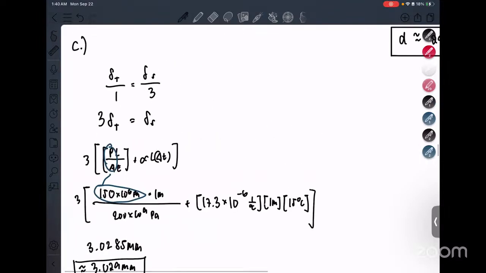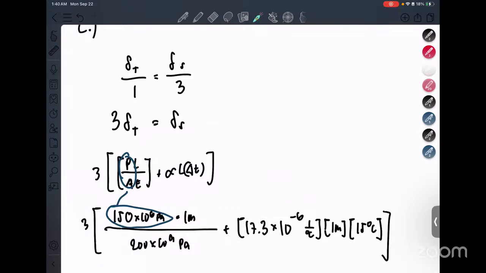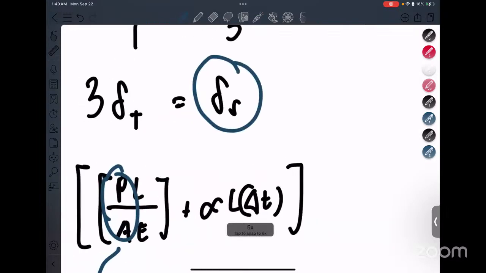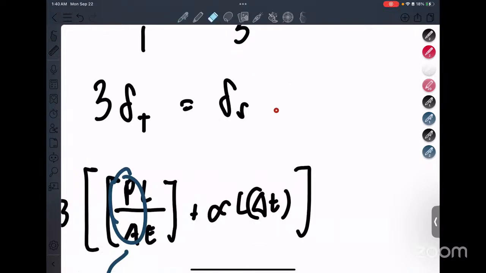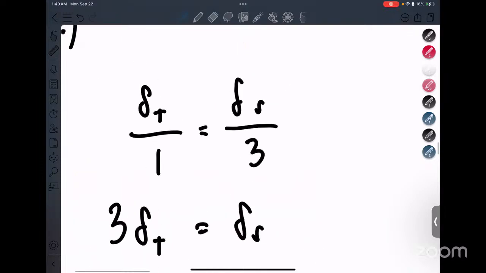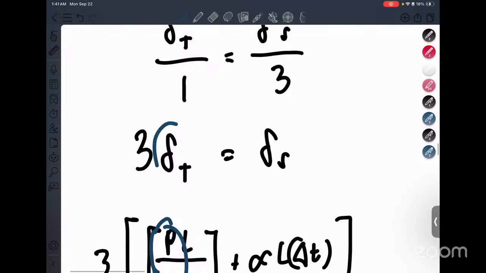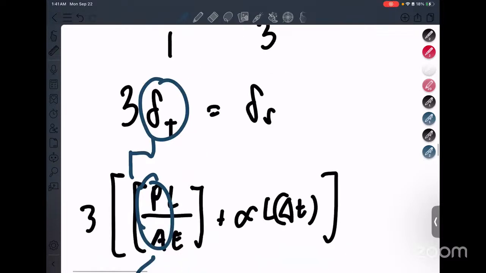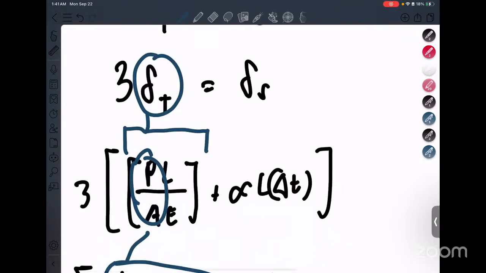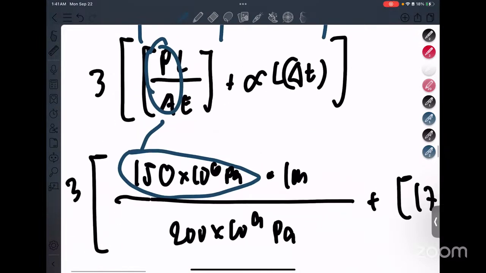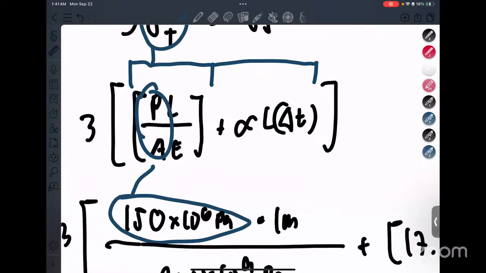Para lang mas malinaw, ang ginawa natin is instead of looking for delta S, we looked for its relationship with delta T, and then we solved delta T, right? Delta T can be expressed in a mechanical component and a temperature component. To make our solving quicker, we know what P over A is.